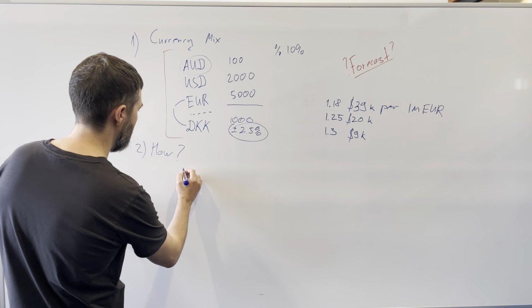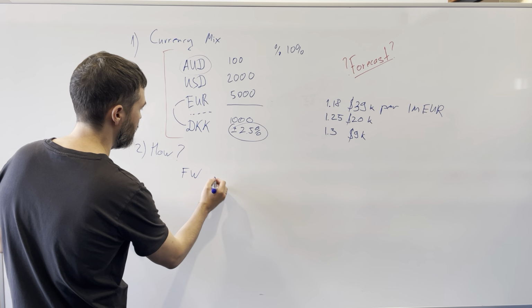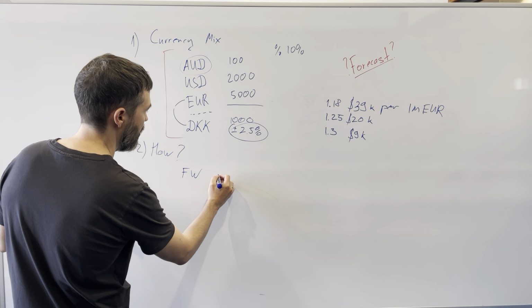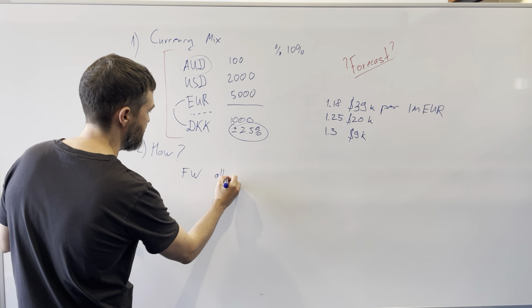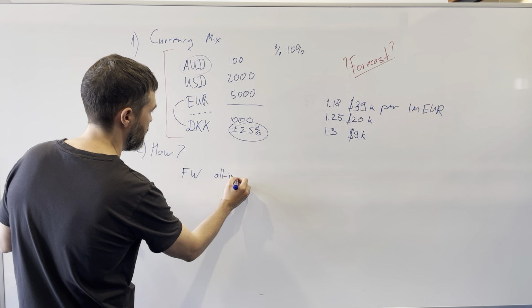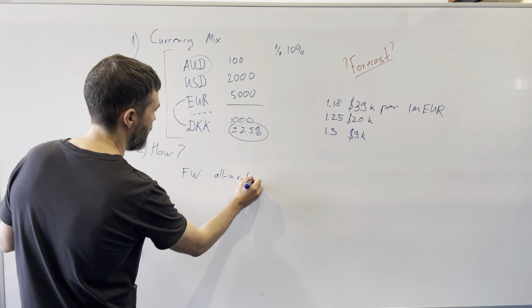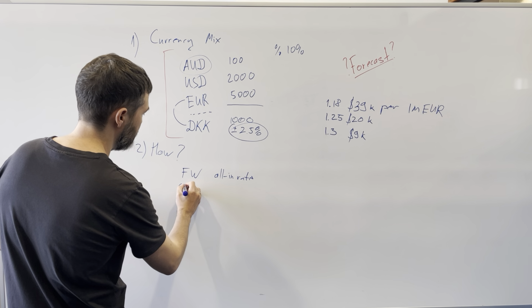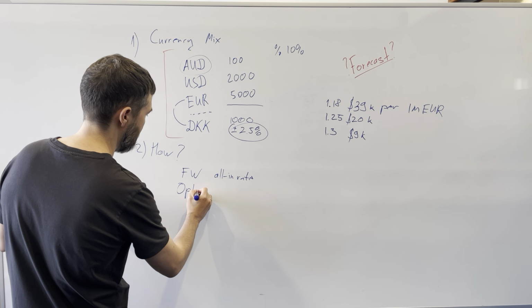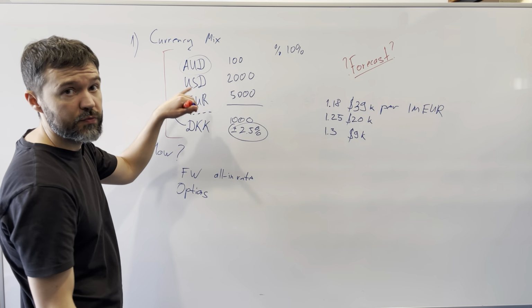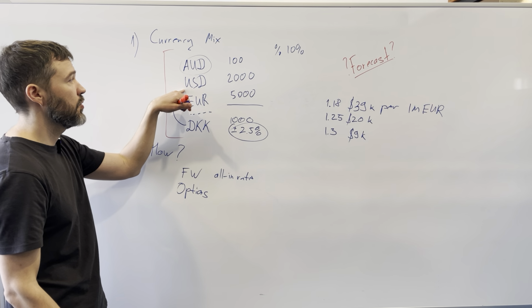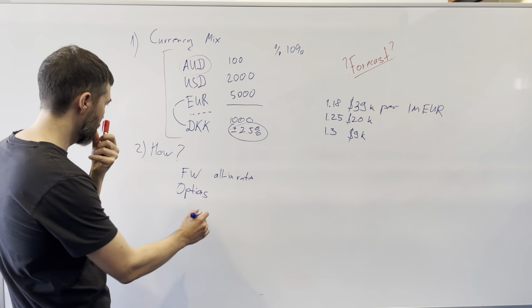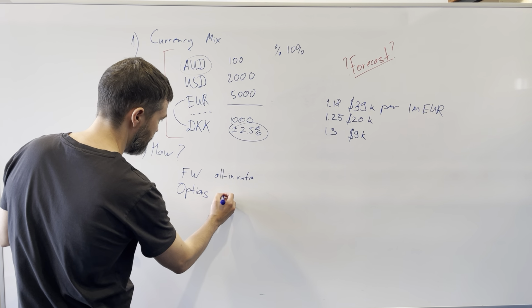It's a forward contract. Here you're checking the all-in rate. And compare. Options. Normally a call option for the currency you're hedging. And here it's a premium.